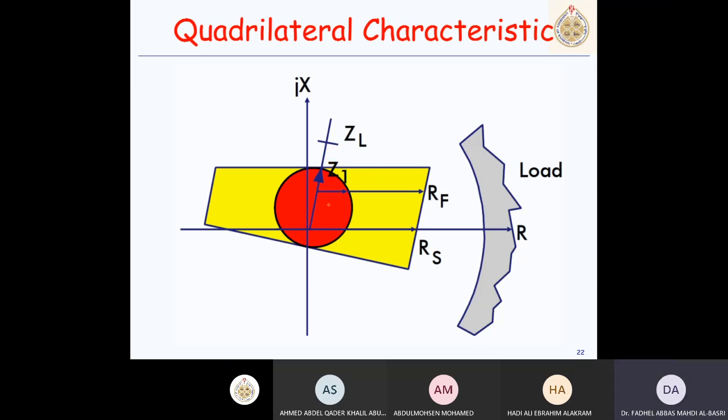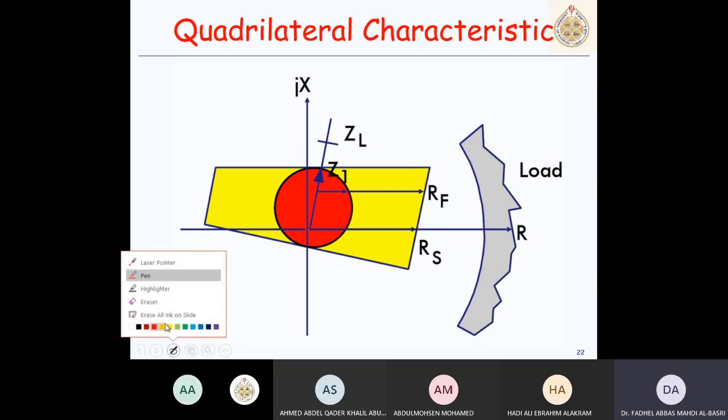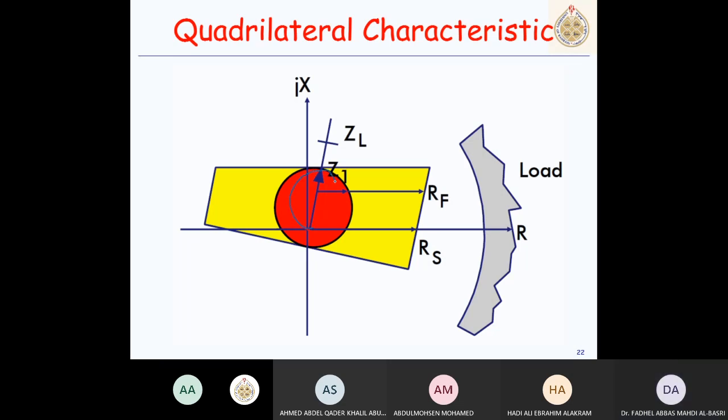We have also the quadrilateral or polygon type. If you compare now the quadrilateral characteristics, this is the polygon, which is the yellow area. I will draw the mho characteristic also with the blue line. The red is the offset mho.